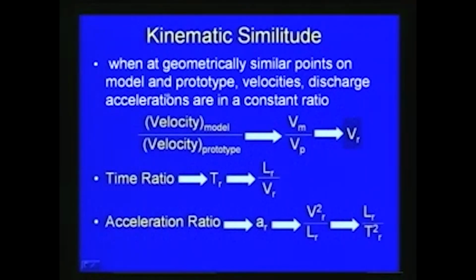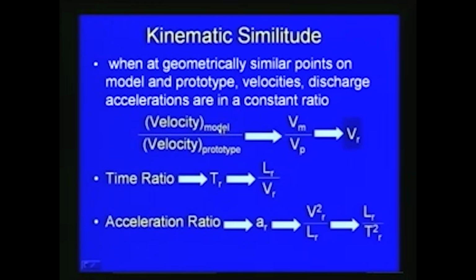Now the kinematic similitude: as we have seen, the time scale is important, and when we consider time scale, kinematic similitude is considered. At geometrically similar points on model and prototype, various parameters which deal with time, like velocity, discharge and accelerations, are in a constant ratio.